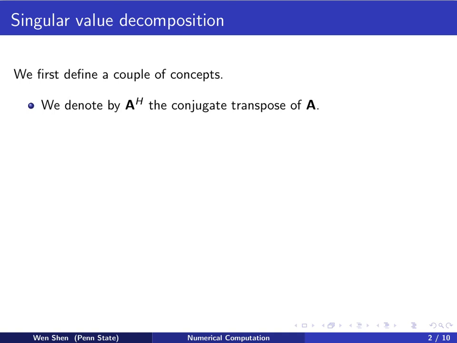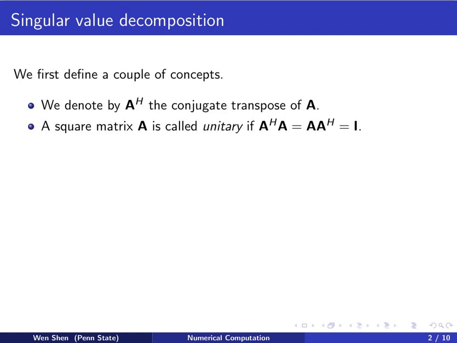We first define a couple of concepts. Given a matrix A, we denote by A^H the conjugate transpose of A. This means we consider the case where A has complex numbers as entries.